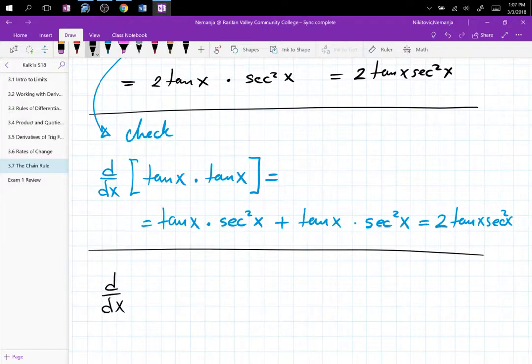Find the derivative of the square root of cosine x.